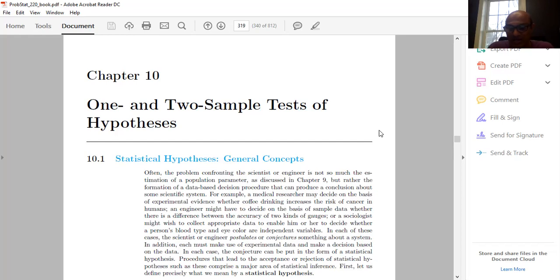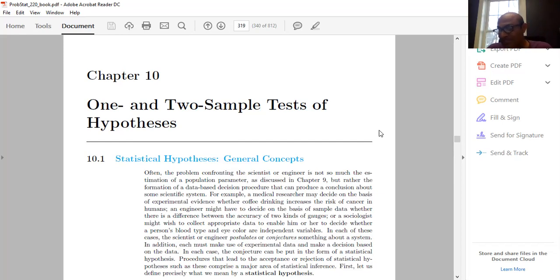So if you accept the null hypothesis, that means you are leading to reject the alternative hypothesis, and vice versa. If you are accepting the alternative hypothesis, you are leading to reject the null hypothesis.